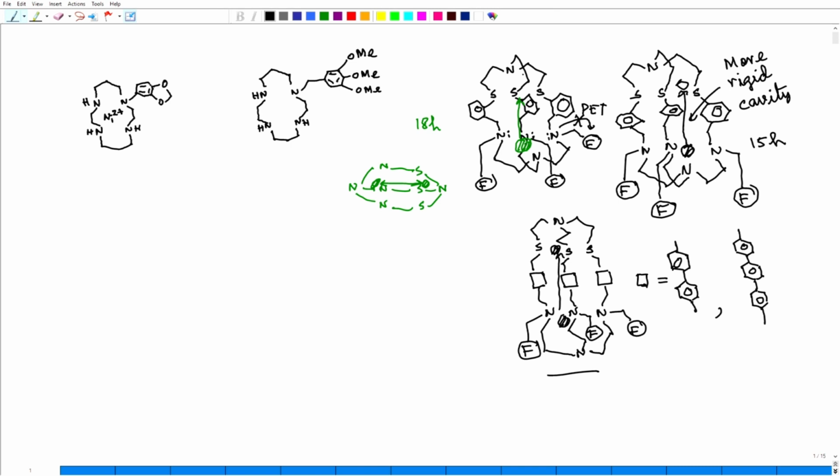If I make nickel 3 plus, I can oxidize it electrochemically. If I make nickel 3 plus, it is not going to run away from this pocket. Why? Because this pocket is made for nickel. It makes a very strong, very stable macrocyclic complex with nickel.